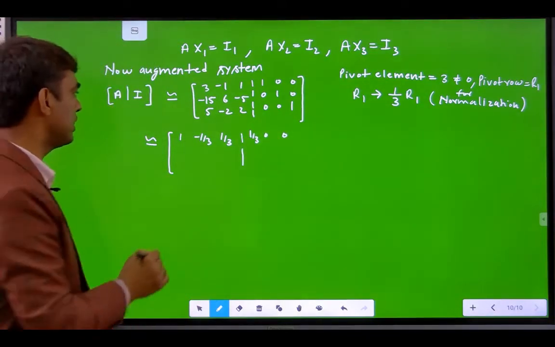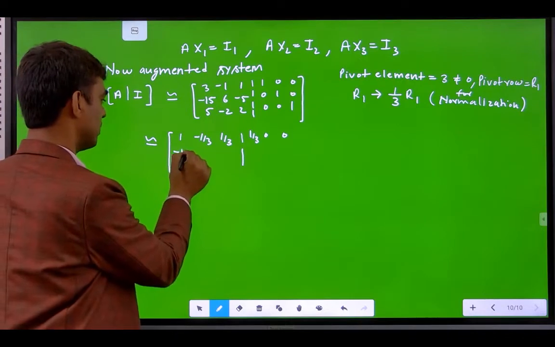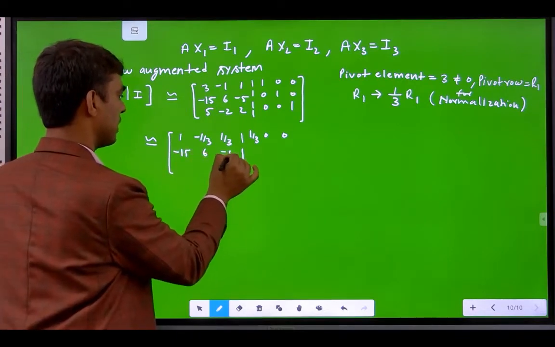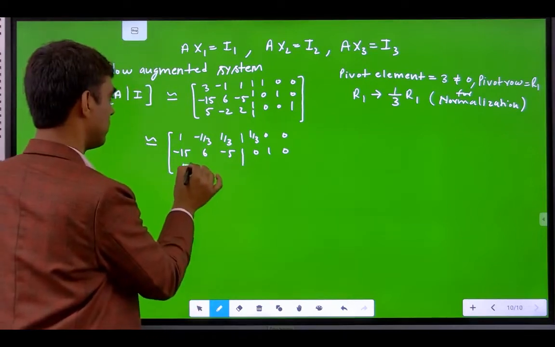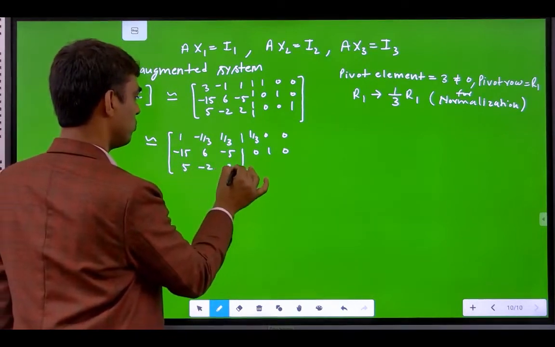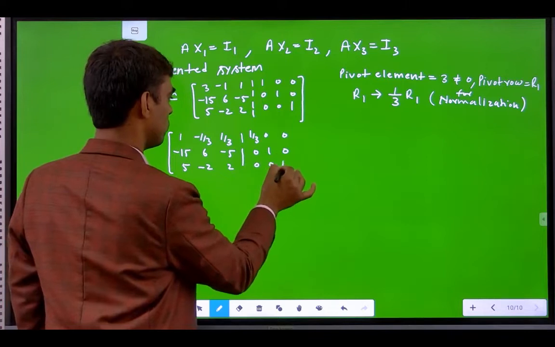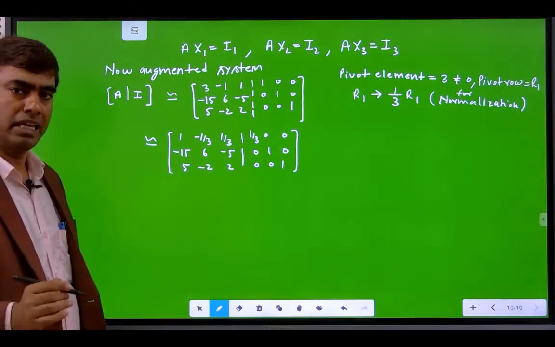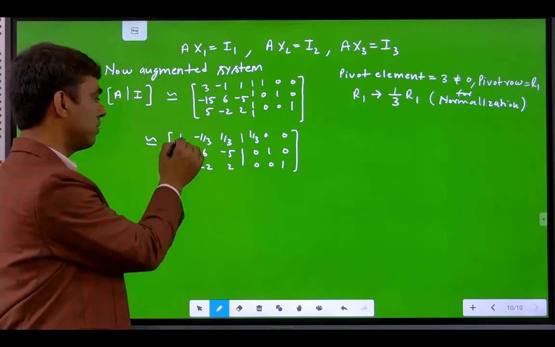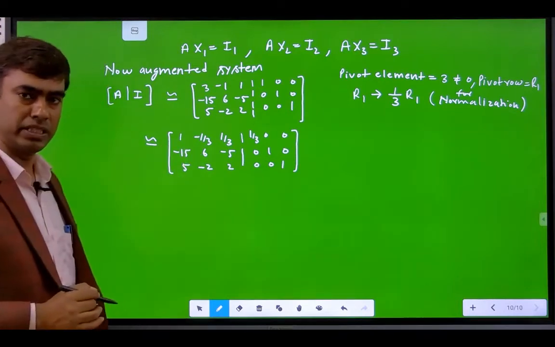There is no change in the second and third rows. So this is minus 15, 6, minus 5, 0, 1, 0 and 5, minus 2, 2, 0, 0, 1. After the normalization, we eliminate the first variable from the remaining equations.